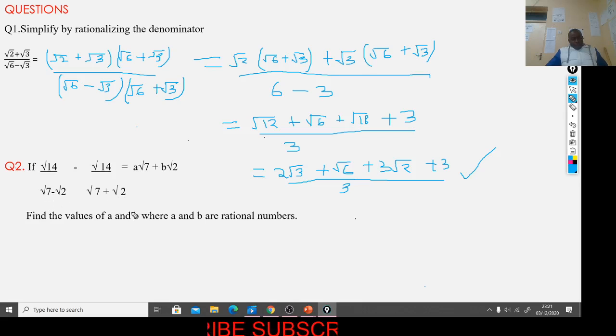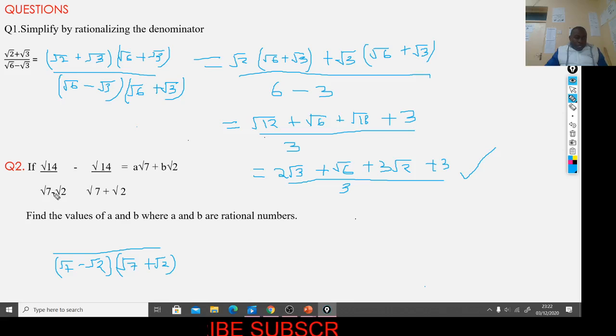We find the LCM. So the LCM in this case will be this times this, the root of 7 minus root 2 times root of 7 plus root 2.